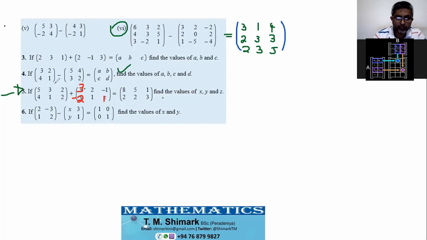So you can check, like you can do it like this also. 5 plus x equals 8, so x is going to be 3. Like this, you can take the equations and do it, right? Is it correct? And I think x and y you can find in this also. There is no problem. I'm just leaving that.